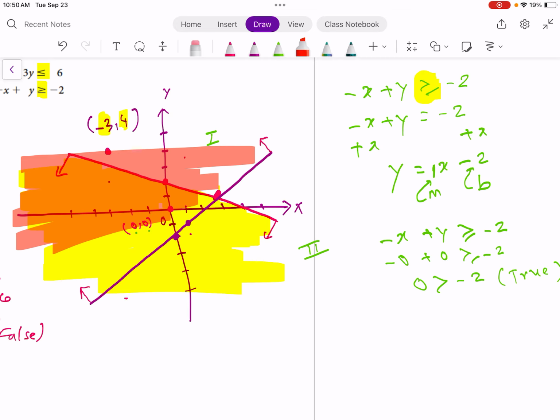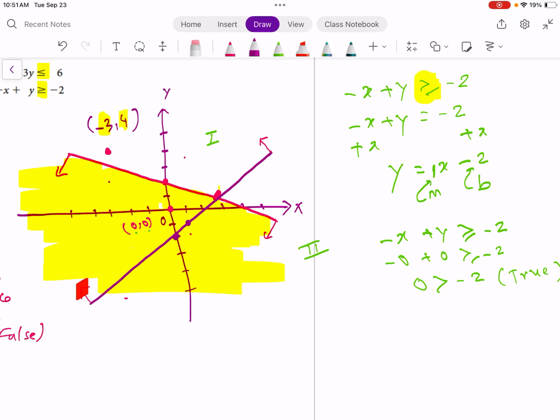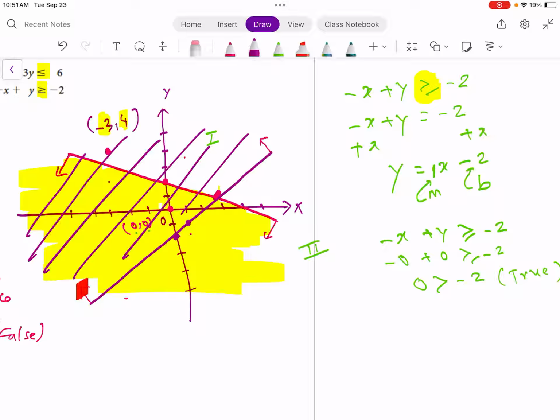Okay, do you see this common region? Or let me use this line here. So this indicates the solution, okay? And this common region: every point here is a solution for this system of linear inequalities.